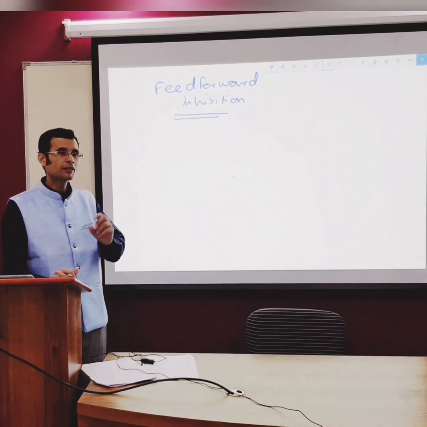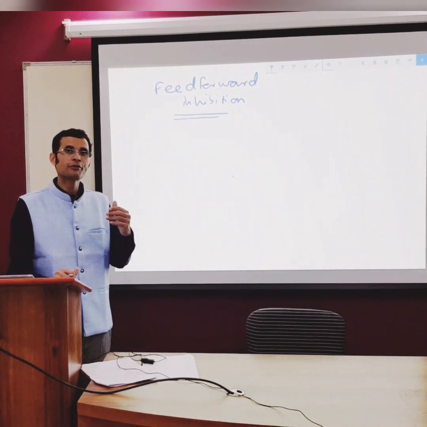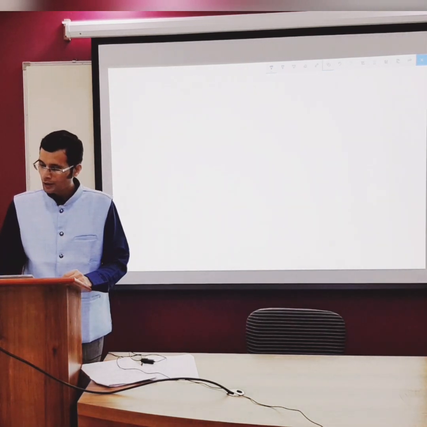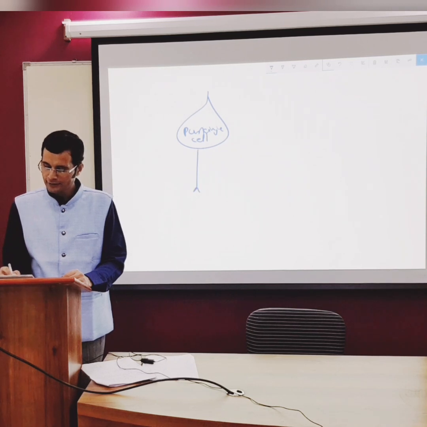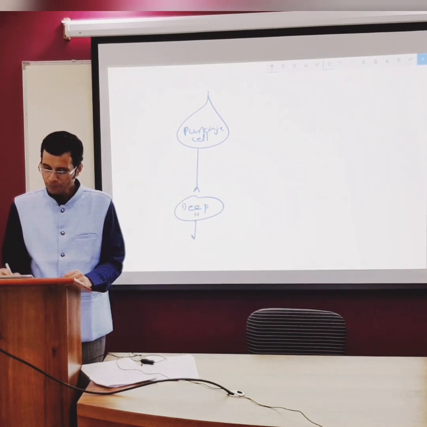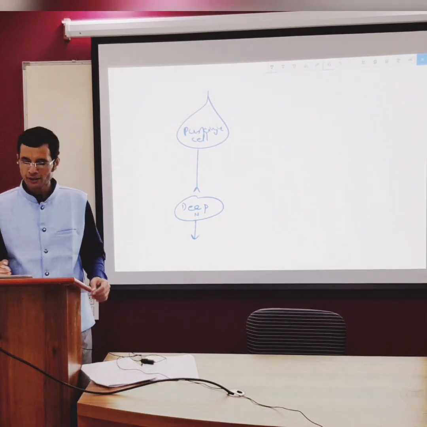One type of circuit in the cerebellum is of feed forward inhibition. There is a Purkinje cell in the cerebellum, and Purkinje cell exerts its inhibitory influence on the deep nuclear cell. Deep nucleus sends output from the cerebellum.